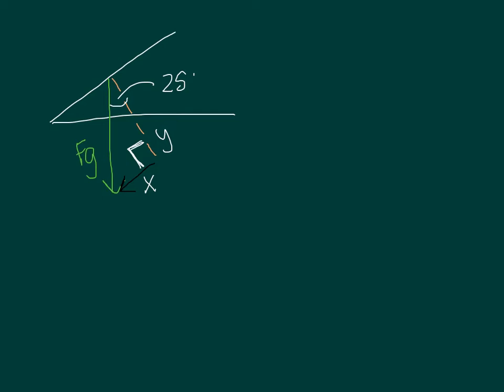Remember this diagram? Now we're going to use it to find the force of gravity in the x direction and the y direction. Now that we know that this is 539, we can use sine and cosine to find it in the x and y directions. First thing we're going to do is find the x direction. We're going to use the sine of 25, which is equal to x over 539.